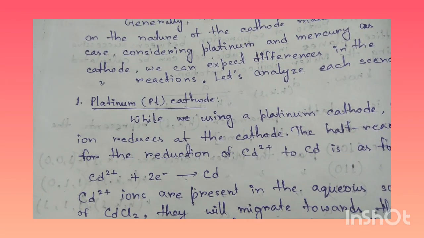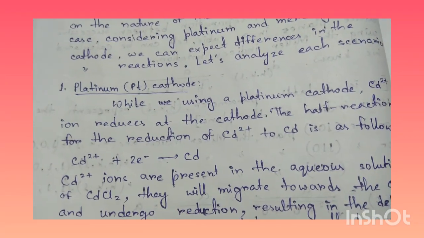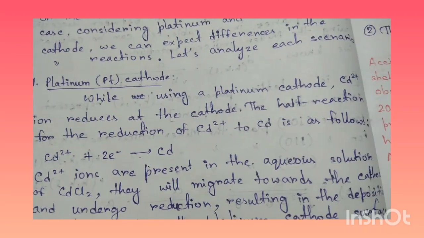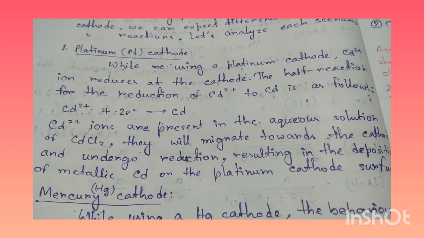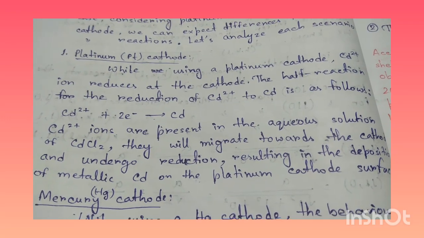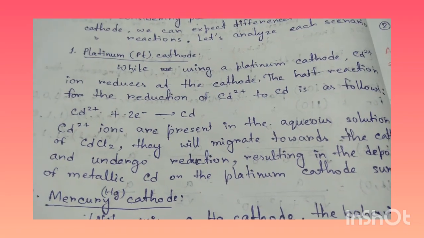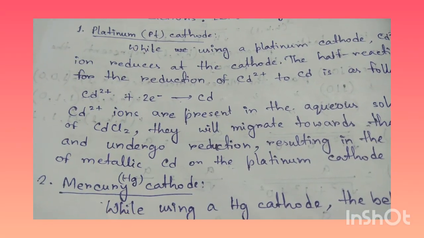Cd2+ ions are present in the aqueous solution of CdCl2, cadmium chloride. They will migrate towards the cathode and undergo reduction, resulting in the deposition of metallic cadmium on the platinum cathode surface.